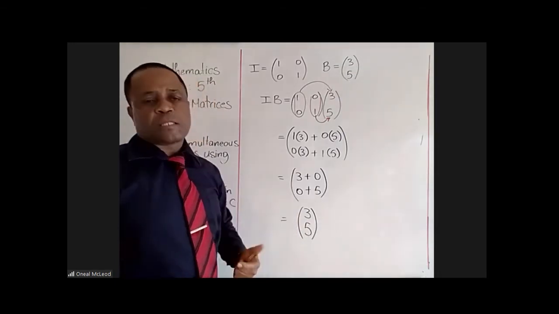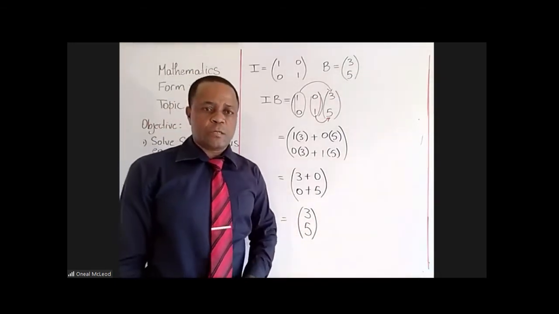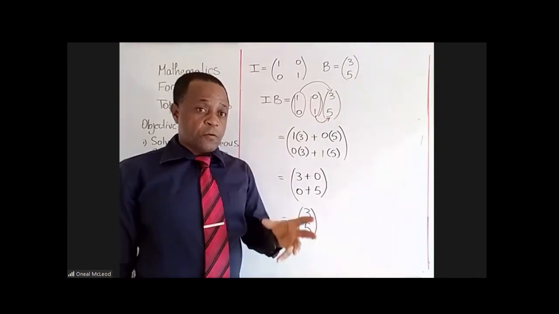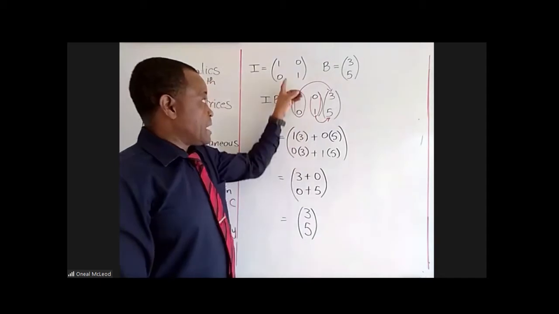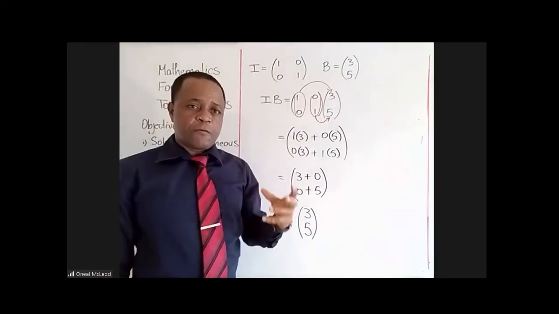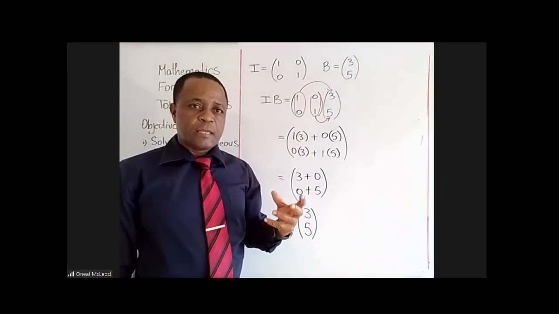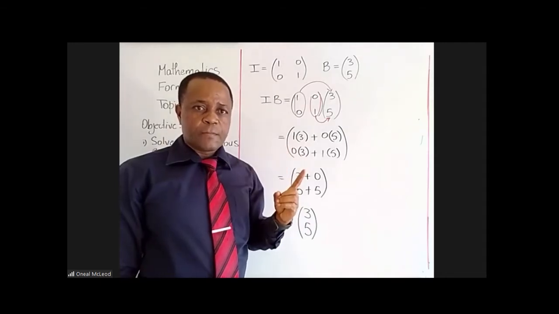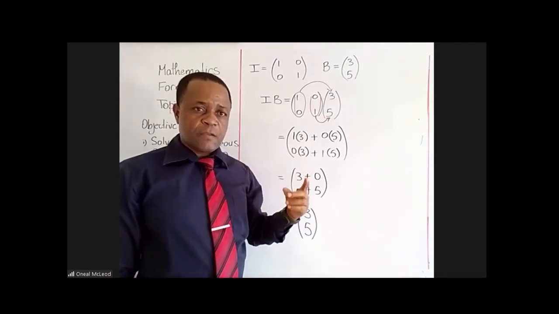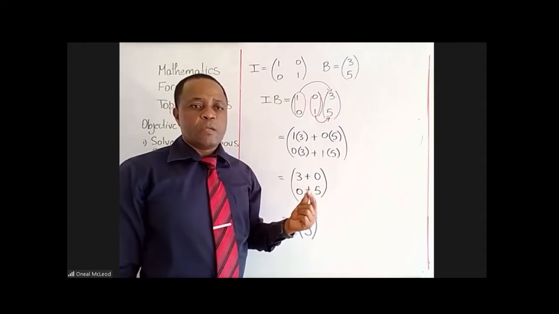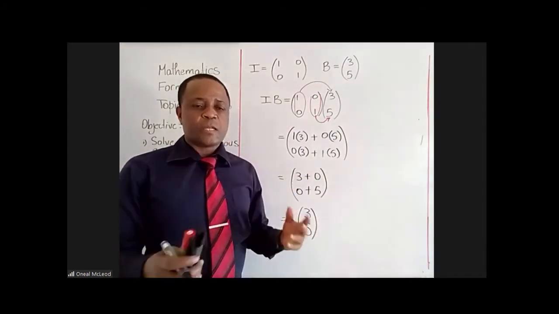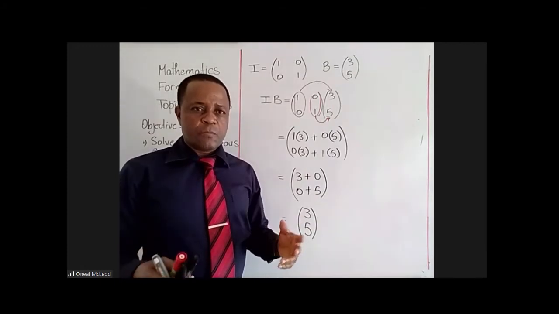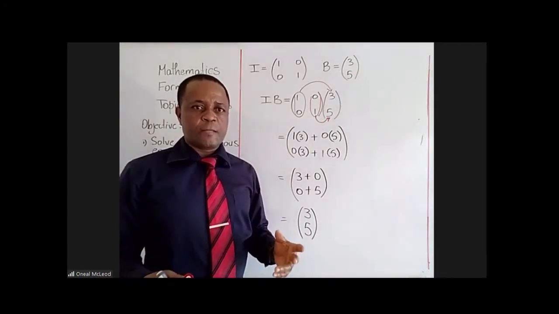But what is this actually saying to us here, students? Before, I would have mentioned to you that the identity matrix operates like the numeral 1. Remember, the multiplicative identity is 1. When I use 1 to multiply any number, it does not change that number's identity, right?